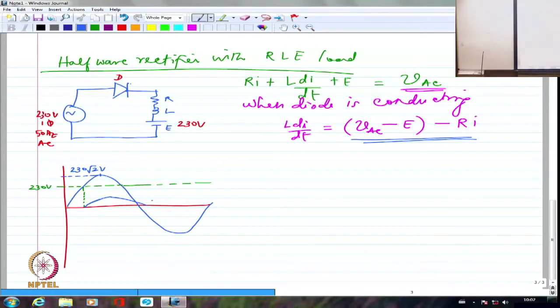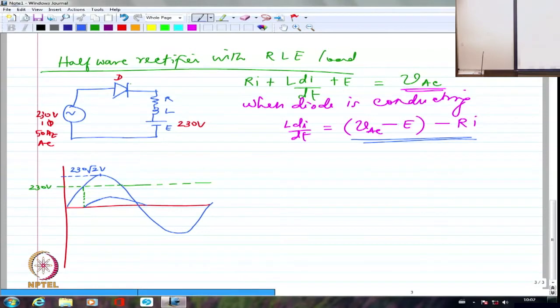Right? So now if I try to look at this as my value of current, I can again draw IR. I can say what is VAC minus 230 volts minus IR. That is the voltage that is available for inductance to store energy. And after that I have to see how much is the voltage it will return. Right?